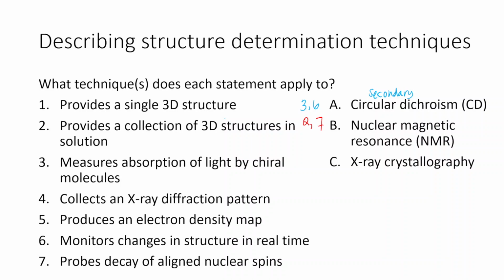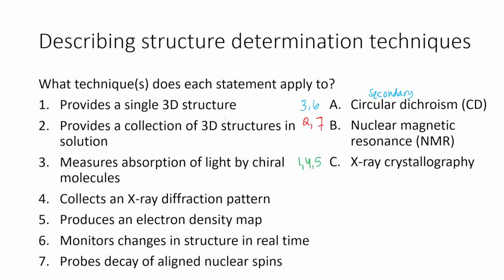So that brings us to X-ray crystallography. It's sort of the leftover ones, but who can tell me what statements apply to X-ray crystallography? Yeah, 1, 4, and 5. Those are the leftover ones, right?